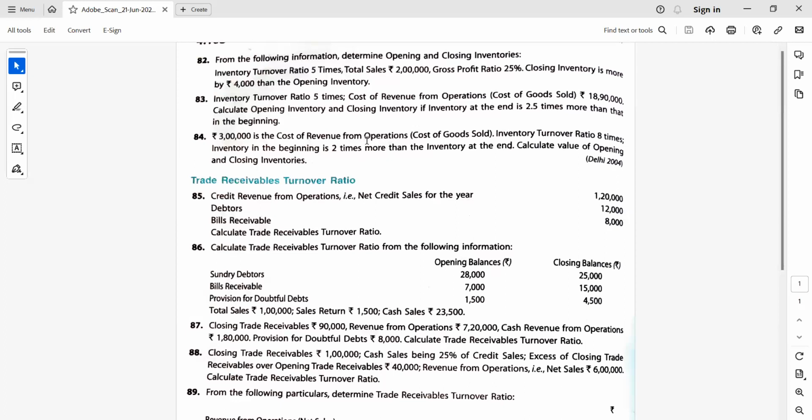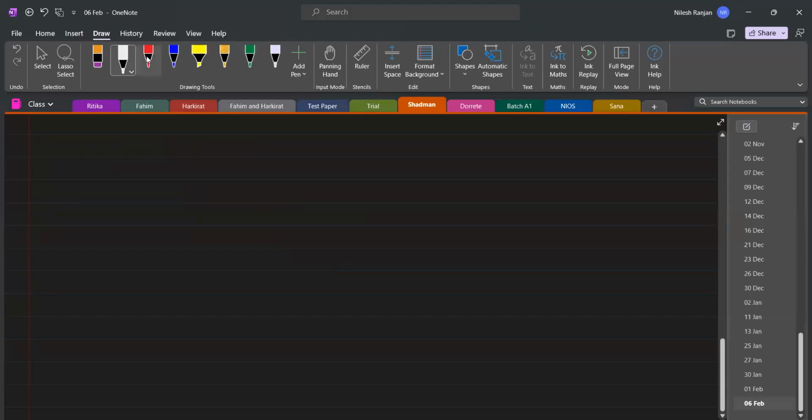Now, first of all, for inventory turnover ratio, what is the formula? It is cost of revenue from operation divided by average inventory.